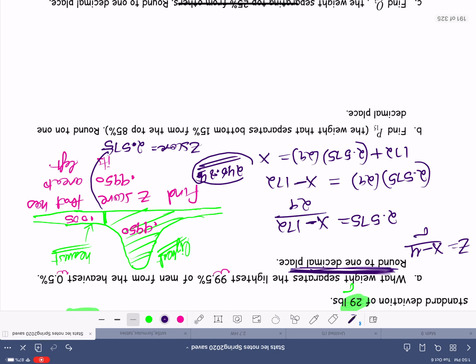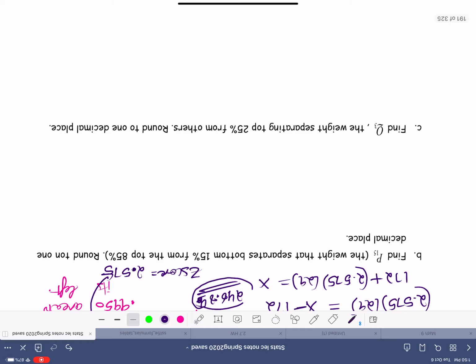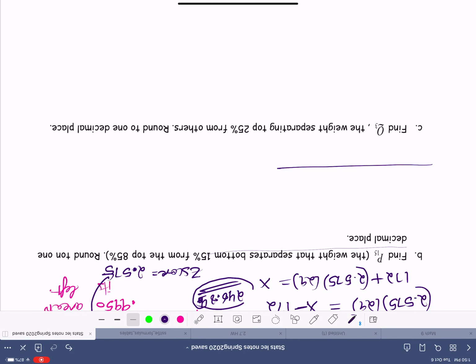Okay. Part B, find P15, the weight that separates the bottom 15% from the top 85%. Okay, where is the bottom 15%? It's always important to draw your curve, not a straight line. All right, bottom 15%.